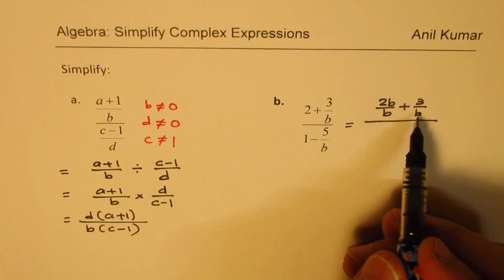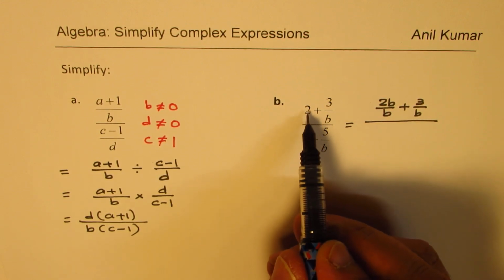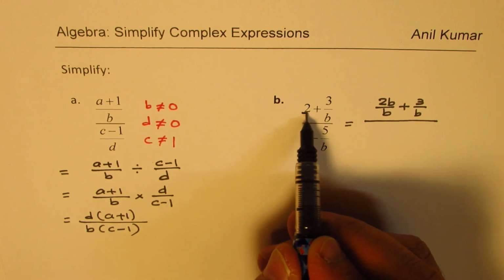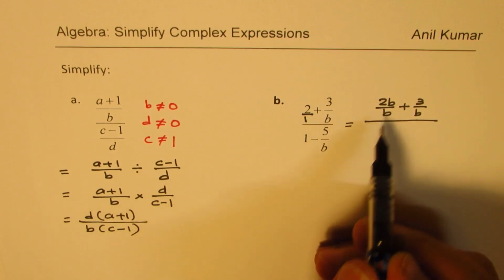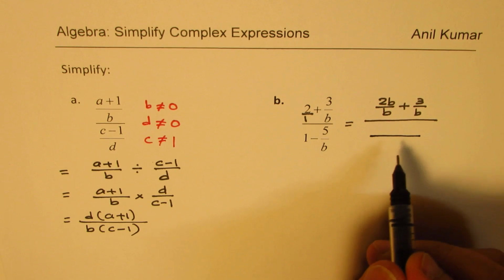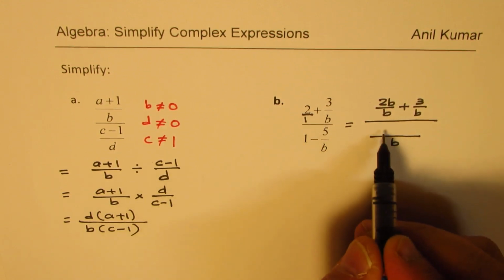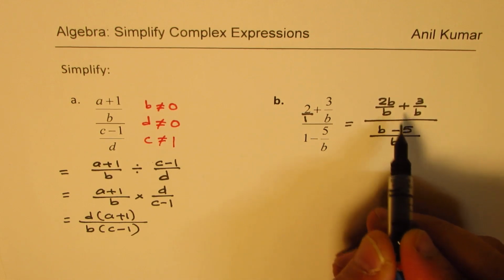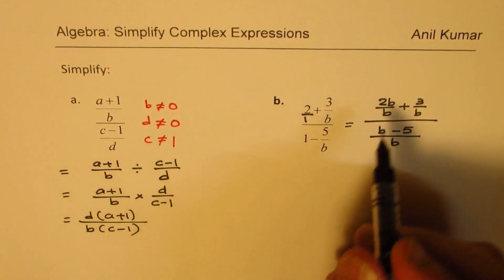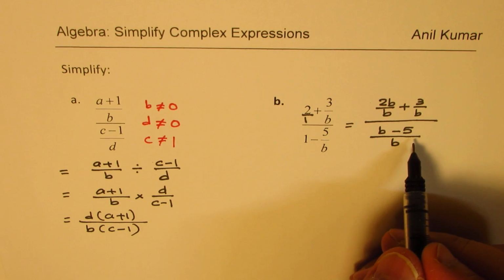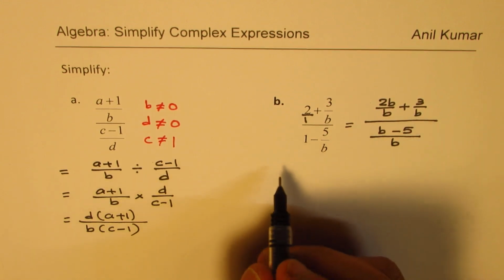So when we take a common denominator, here in this case, we multiplied both numerator and denominator of 1 by b. We could sometimes, or most of the time, write like this. b is a common denominator. Multiply 1 by b, minus 5. Is that clear to you? Right? So that is the way it could be written.